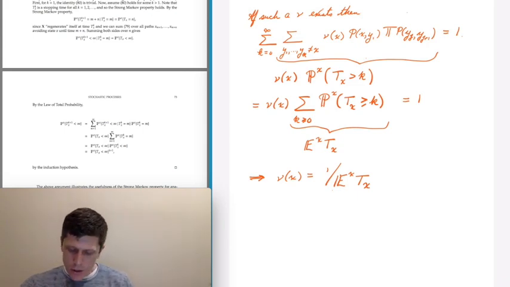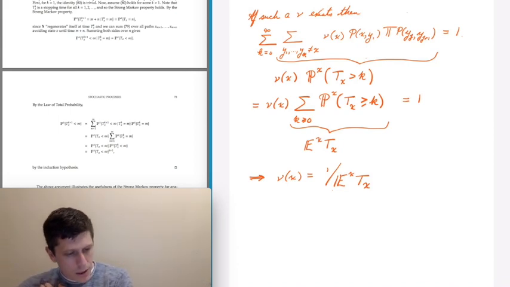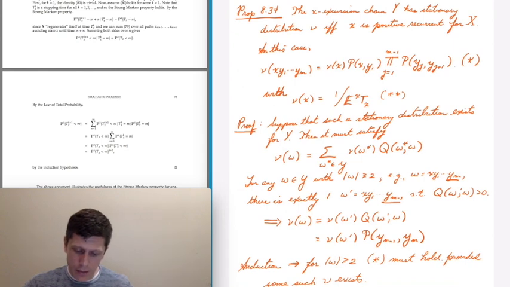Okay. So from this, we can actually immediately see a nice property of the chain X. So this is showing that the stationary distribution for Y has this expression.